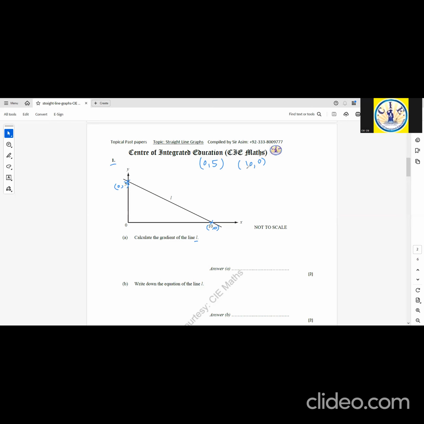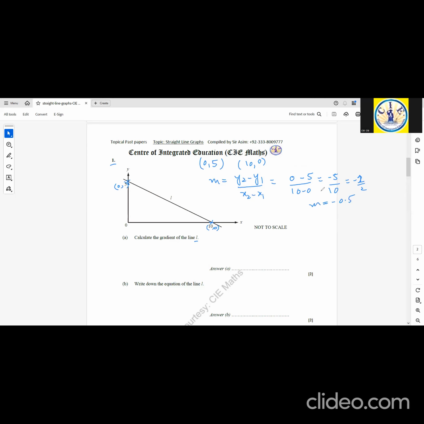So we would find its gradient as m is equal to y2 minus y1 divided by x2 minus x1. That is 0 minus 5 divided by 10 minus 0, that is negative 5 divided by 10. The answer is negative 1 by 2 or negative 0.5.